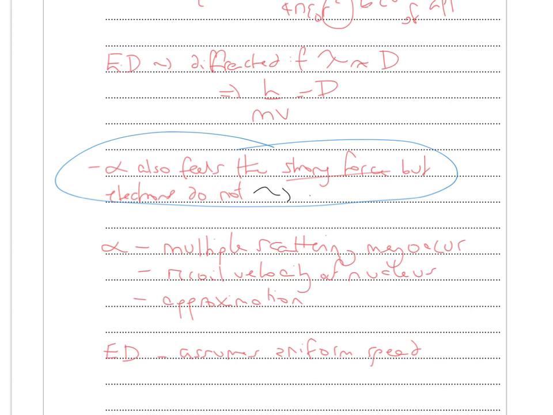So it's probably looking for the fact that alphas are hadrons, but electrons are leptons. So that will be the extra detail it's looking for a second mark there, actually identifying the types of particles, which explains why one can feel the strong force and the other can't. So that's what it's going to be looking for there.